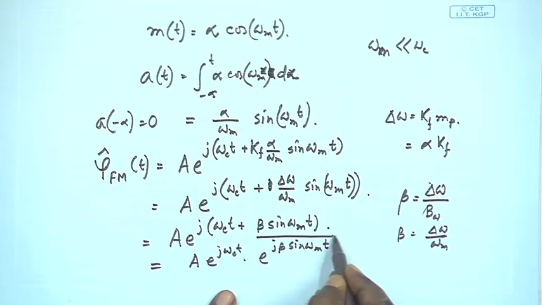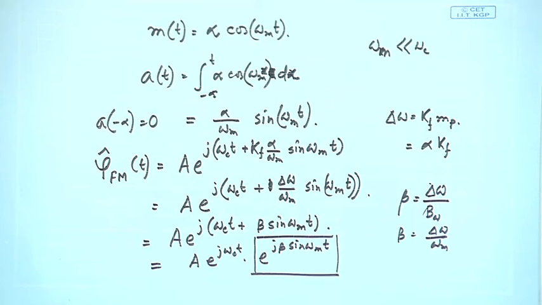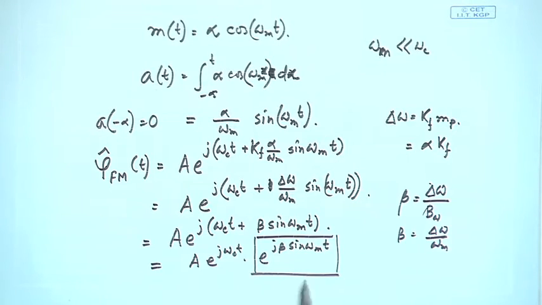Now, try to see this signal. Because I have a sinusoidal, it is a periodic signal, right, with angular frequency omega m. Because it is a periodic signal, what can I do? My Fourier series tells me that this can be represented as a Fourier series expansion.